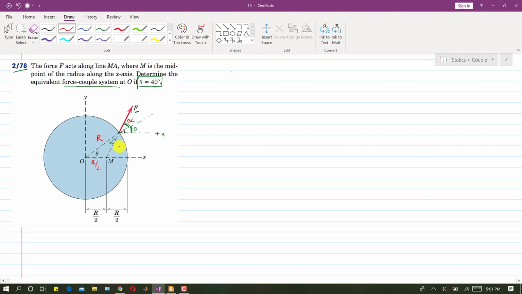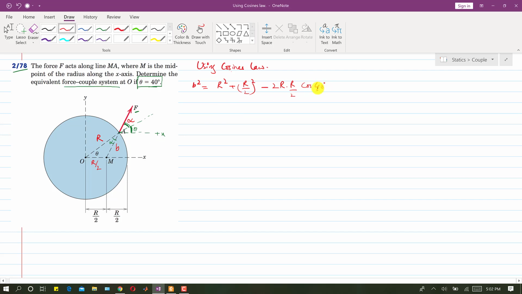Let's suppose this AM length is B. Using cosine law, B square is equal to R square plus R by 2 whole square minus 2R into R divided by 2 cos of the included angle between this R and R by 2. That is cos of theta, which is 40 degrees, which is given.